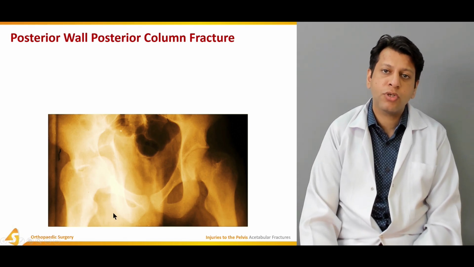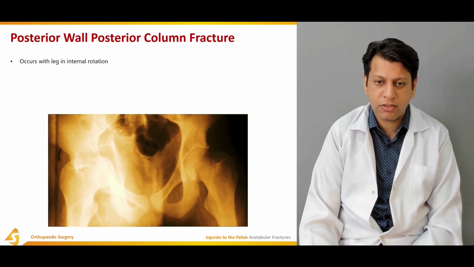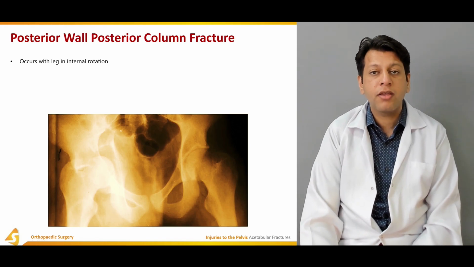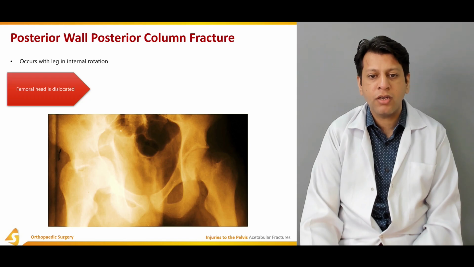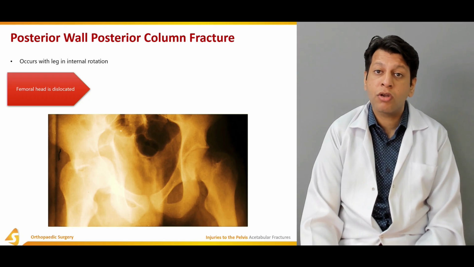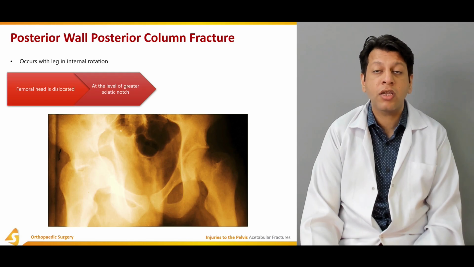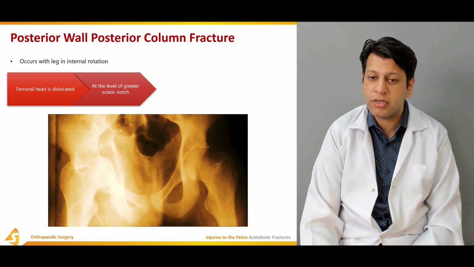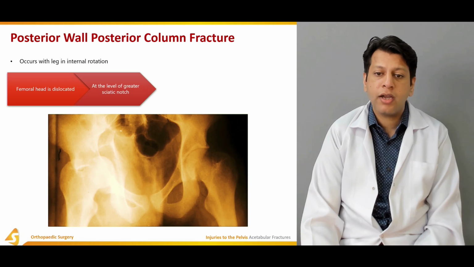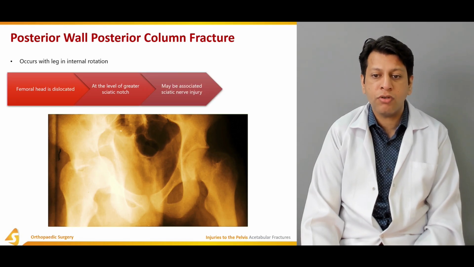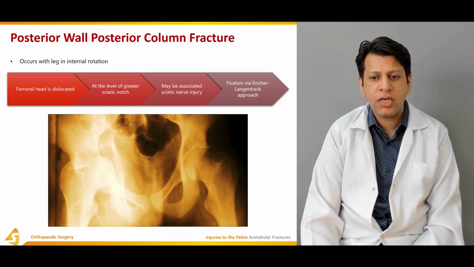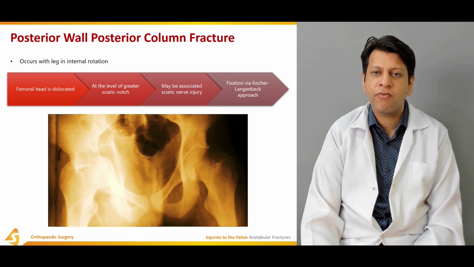So this is a posterior wall with posterior column fracture, and it occurs when the leg is flexed and internally rotated. The femoral head may or may not be dislocated, but if it is dislocated, it requires closed reduction, and if it cannot be closed reduced, it requires open reduction as well. Usually at the level of the greater sciatic notch, it may be associated with sciatic nerve palsy, and its fixation is required by a Kocher-Langenbeck approach.